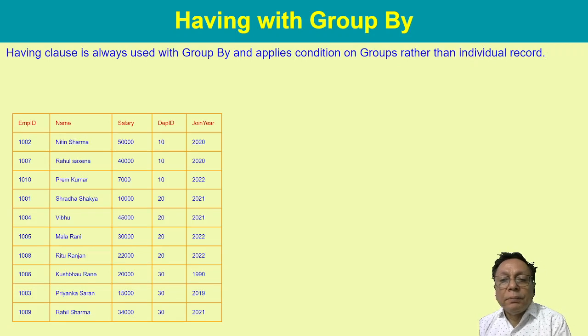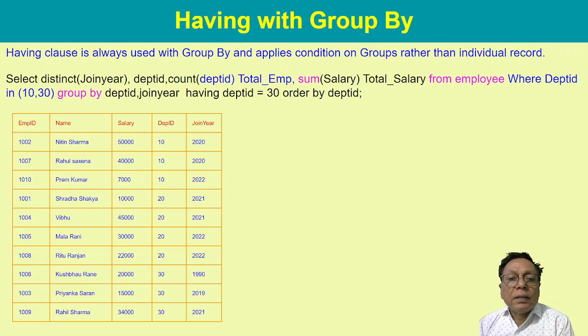So after this table, I'm going to apply this command: select distinct join year, department ID, count department ID.